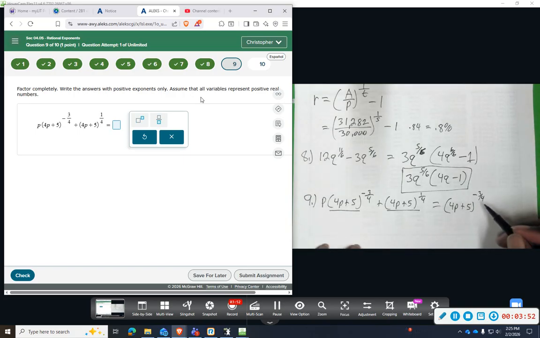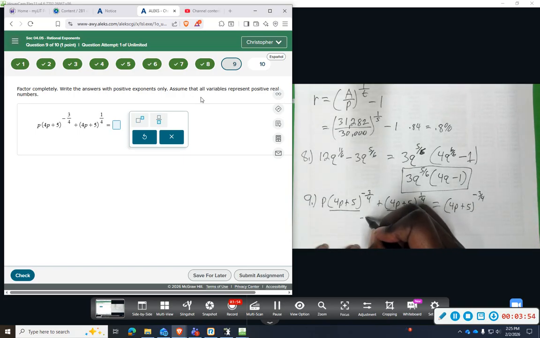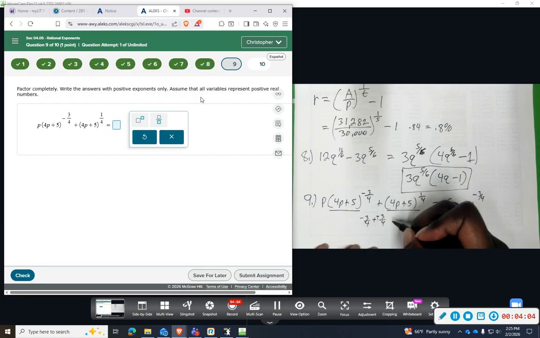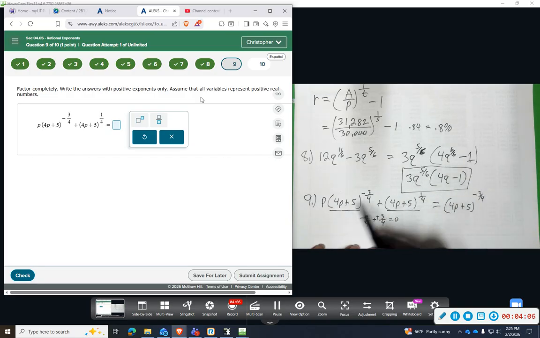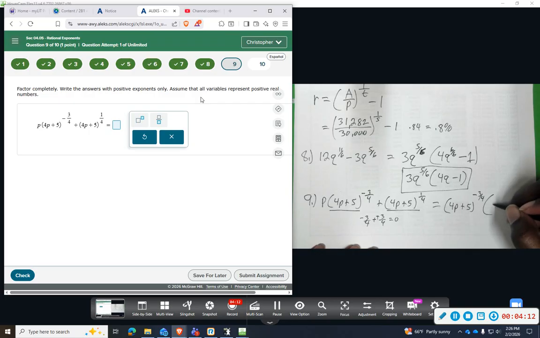So think of it like this: the negative 3/4, I'm dividing it out. I'm subtracting a negative 3/4. Minus a negative becomes plus a positive, so it ends up being 0. And that property is anything to the 0 power is 1. So I pretty much factor out this whole term, and that leaves me with p, because that whole part comes out.